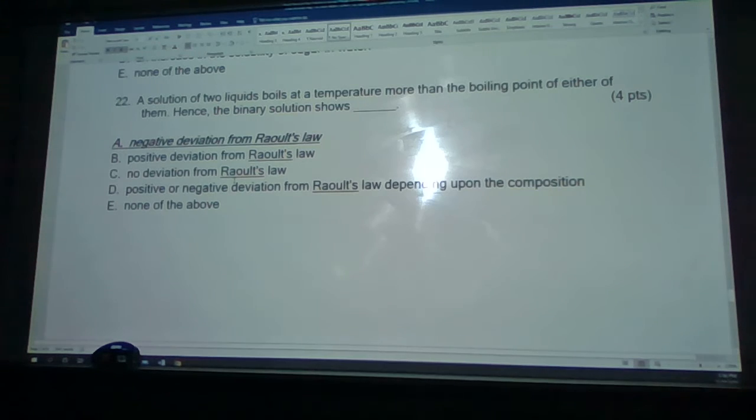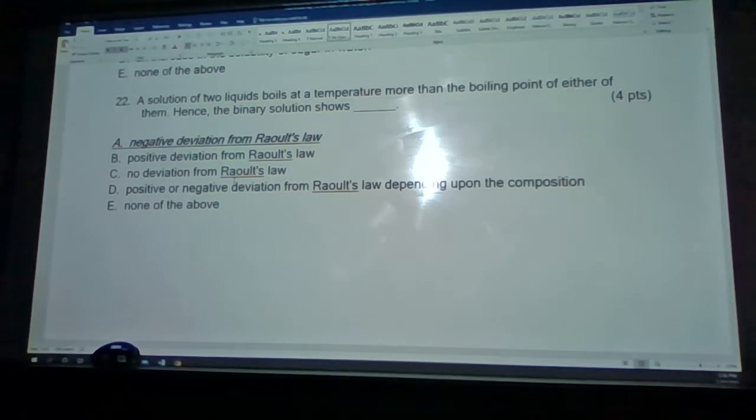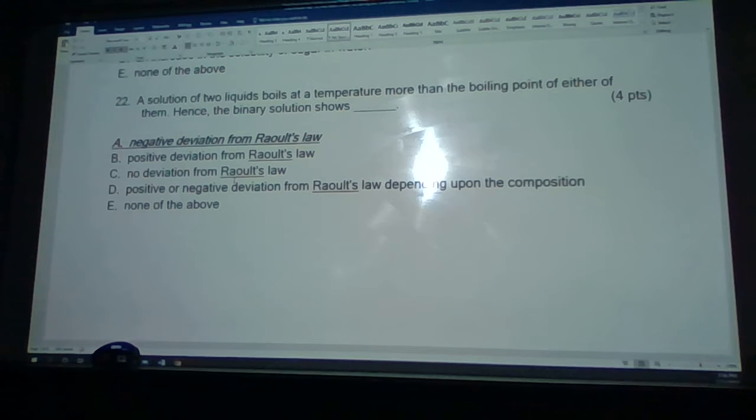Number 22, a solution of two liquids that boil at a temperature more than the boiling point of either of them. This shows a negative deviation from Raoult's law.